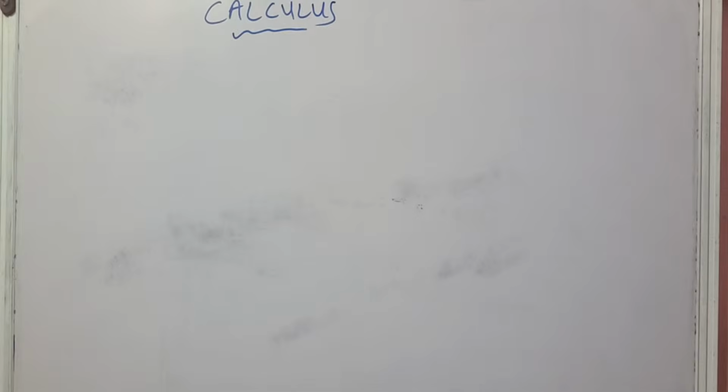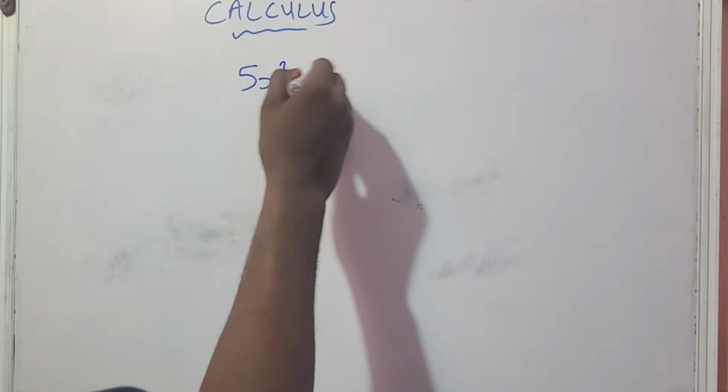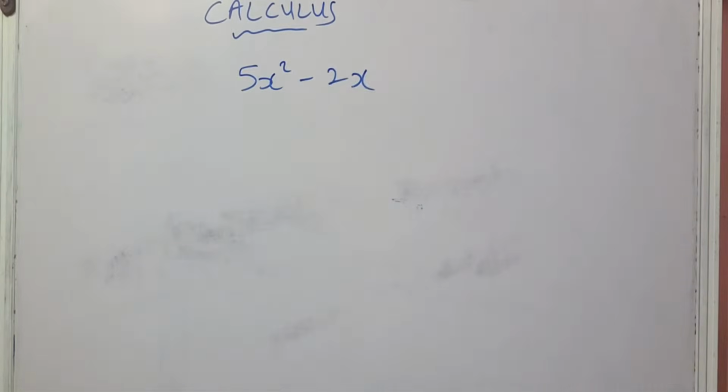misunderstood aspects of calculus. The general algebraic aspect of calculus, when you have, for instance, 5x squared minus 2x, if you're asked to differentiate this, many people don't have issues with this. It's quite simple for many students.